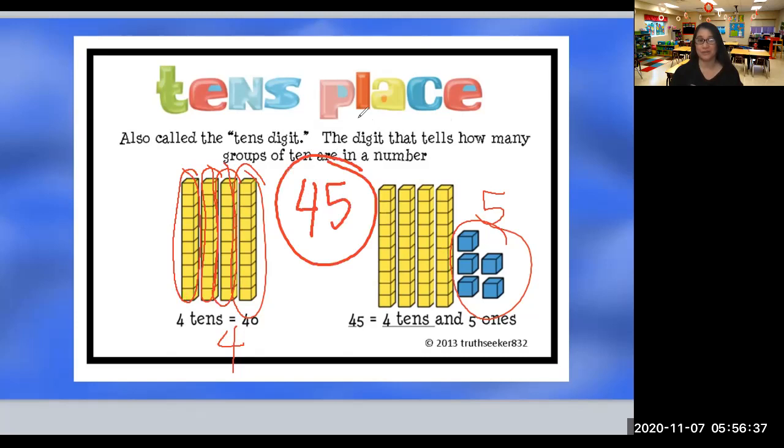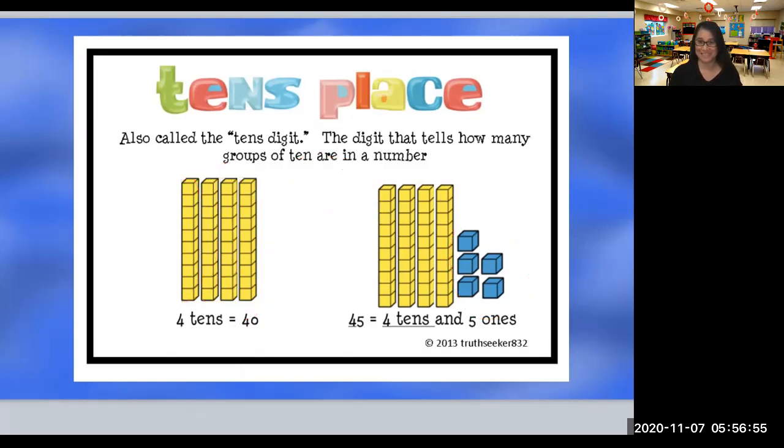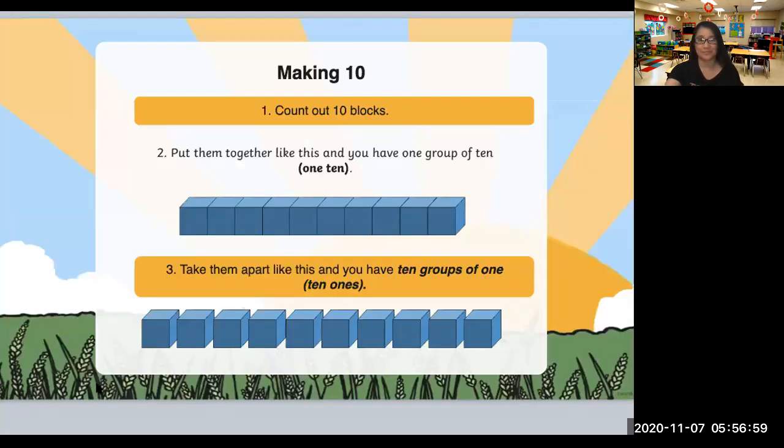We have the number 45. So the next time you see the number 45, you will have to imagine that there are 4 groups of 10 blocks together plus the 5 blue blocks. Does that make sense?